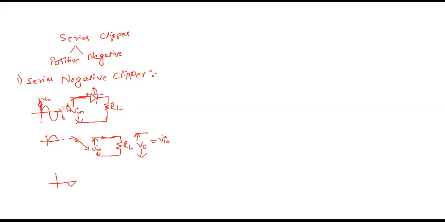If you apply a negative half cycle of the input, the negative voltage is given to the diode's positive terminal. Whenever you give a negative voltage to the diode's positive terminal, it is connected in reverse bias, so the diode will be an open circuit.